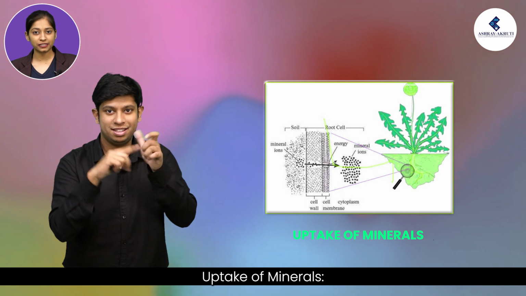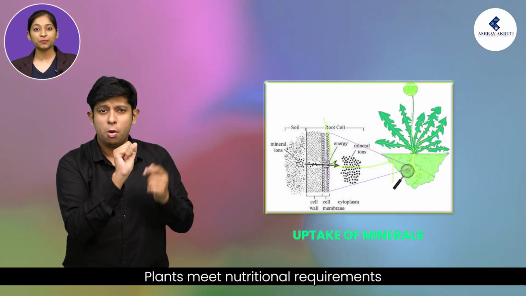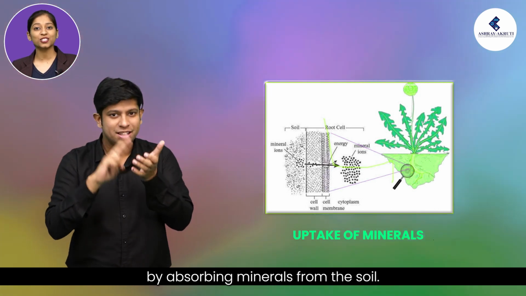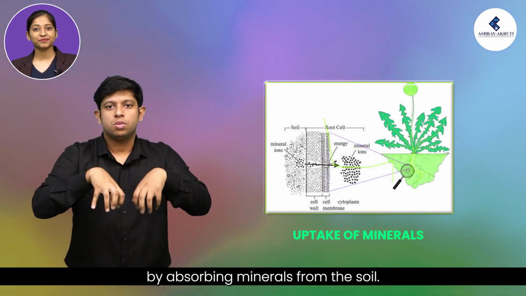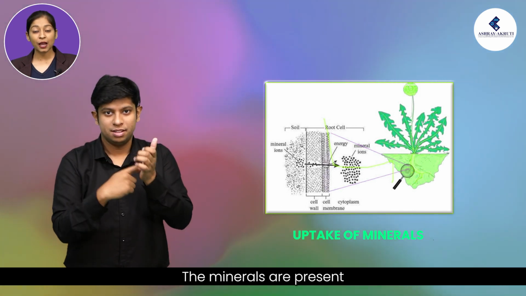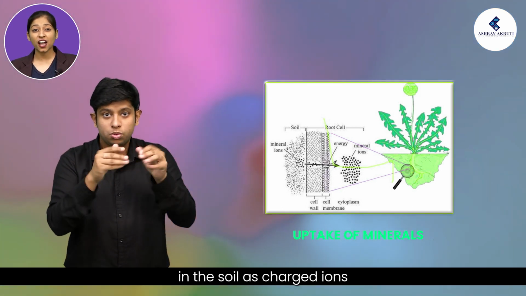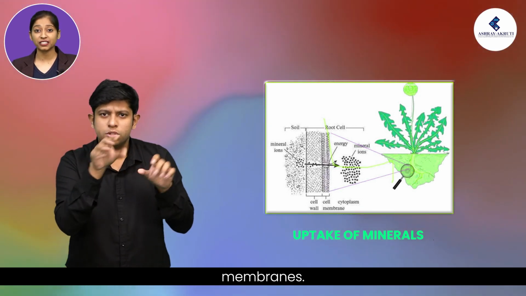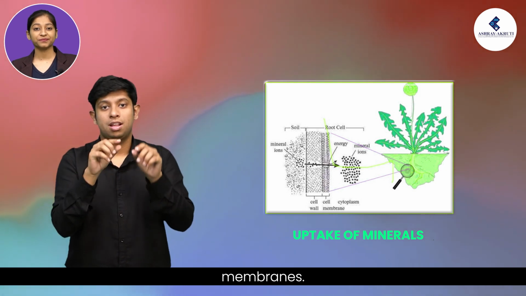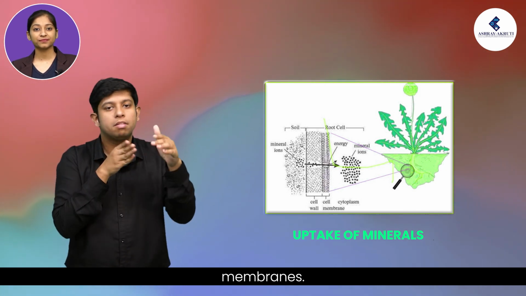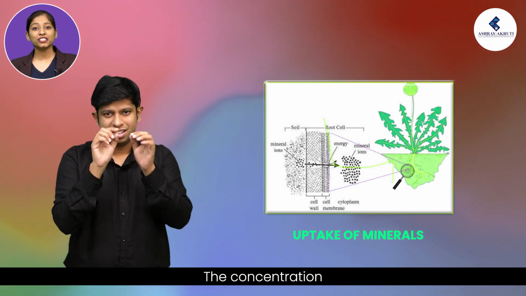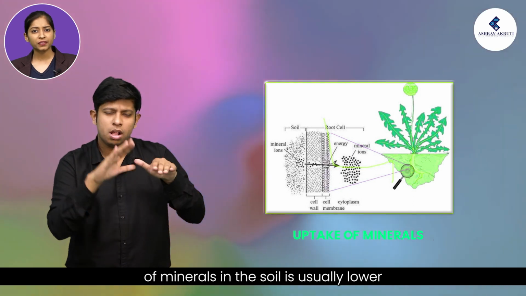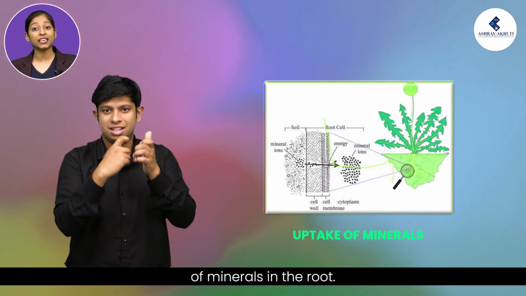Uptake of minerals. Plants meet nutritional requirements by absorbing minerals from the soil. The minerals are present in the soil as charged ions and cannot move across cell membranes. The concentration of minerals in the soil is usually lower than the concentration of minerals in the root.